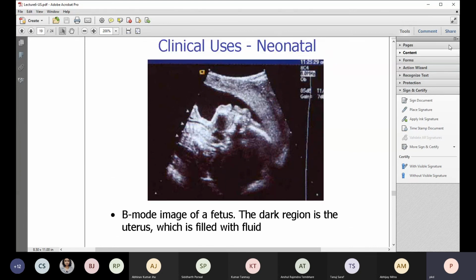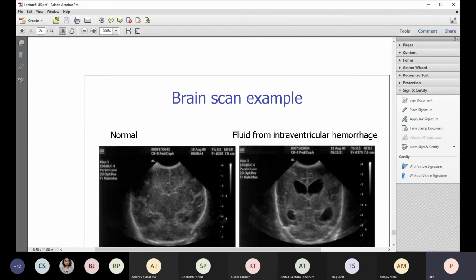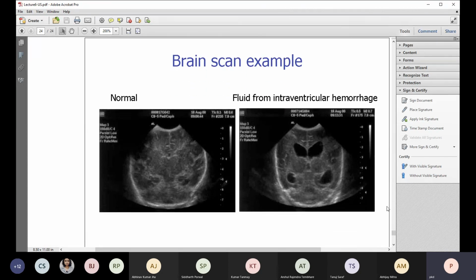There are many applications of ultrasound, especially where X-ray is not that safe, used for neonatal cases and also for maternal applications. Here is an example of a brain scan, where intraventricular hemorrhage has been located.